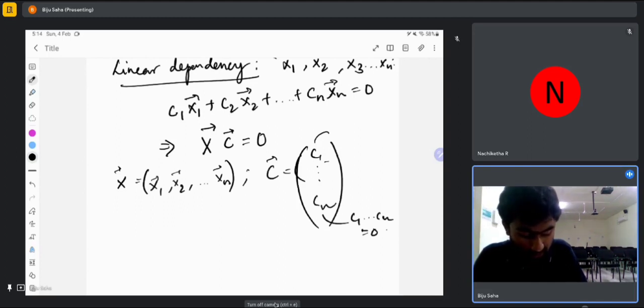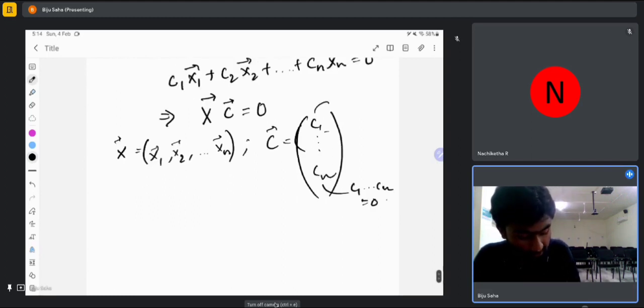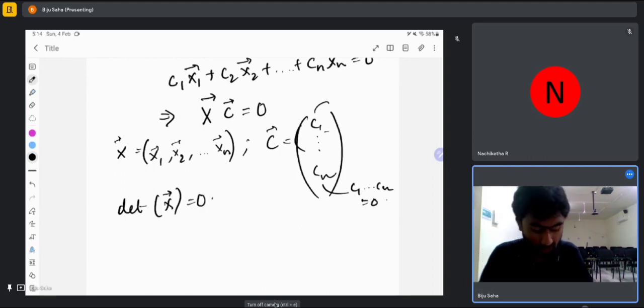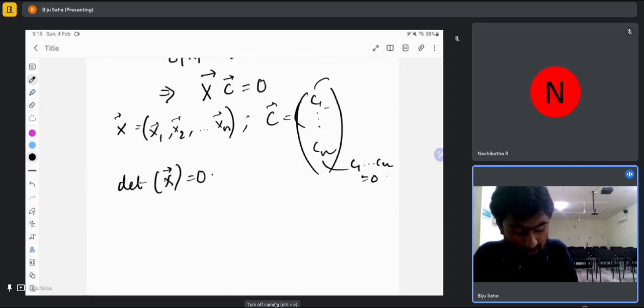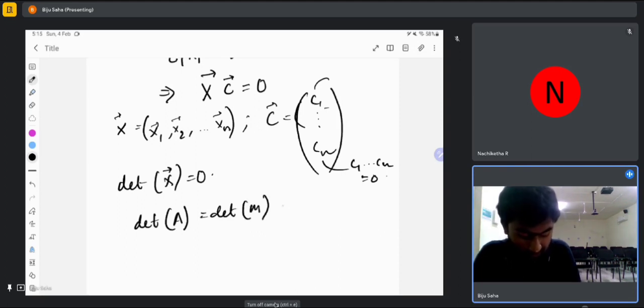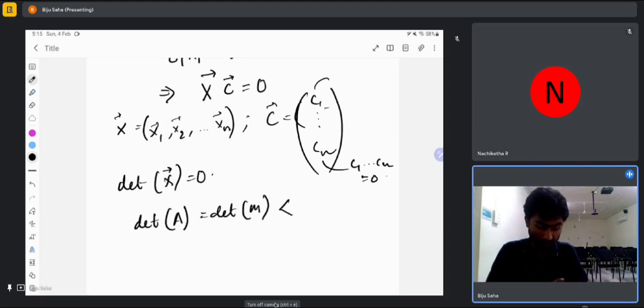A non-trivial solution would only exist if the determinant of this x is equal to 0. That is because, remember the case of infinite solutions for homogeneous equations. Homogeneous equations were allowed to have infinite solutions only when the determinant of the augmented matrix is equal to the determinant of the coefficient matrix, and it had to be less than the number of variables.